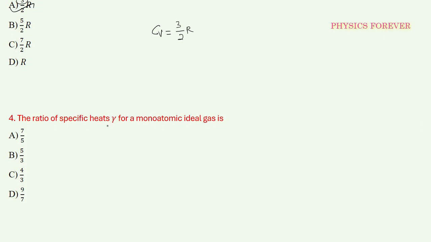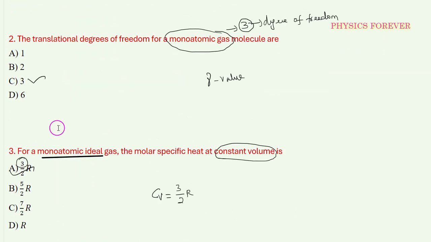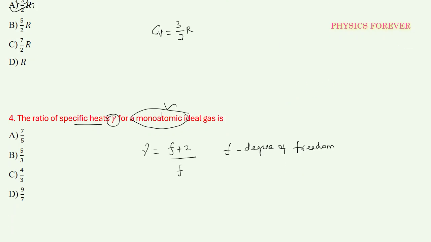The ratio of specific heats for monatomic ideal gases. This is the most important formula we have to write down: gamma is equal to (f + 2)/f, where f is the degree of freedom.